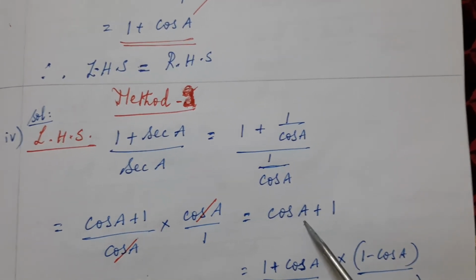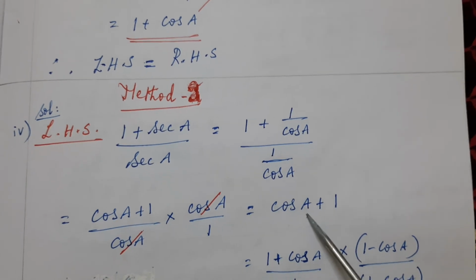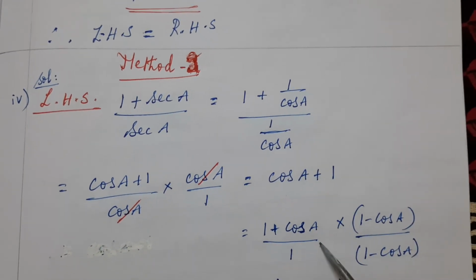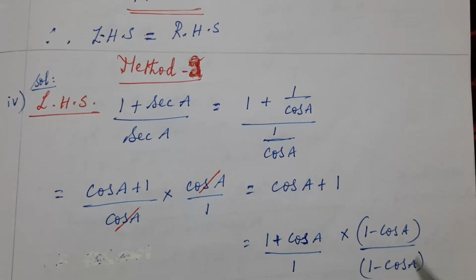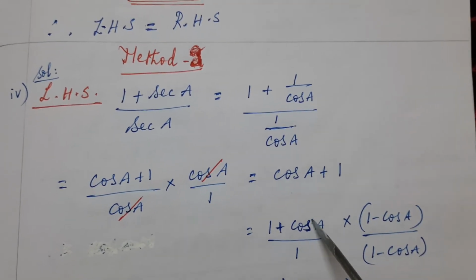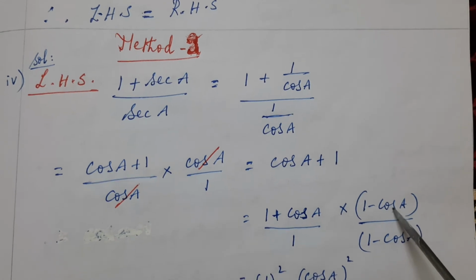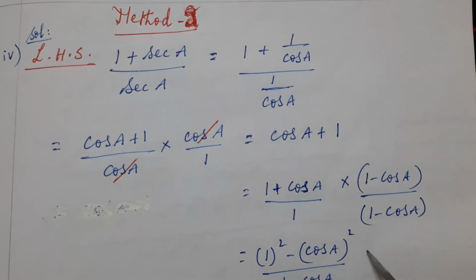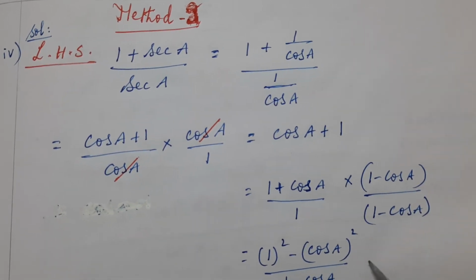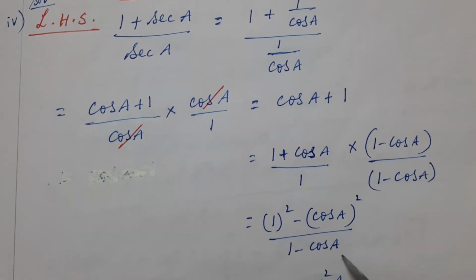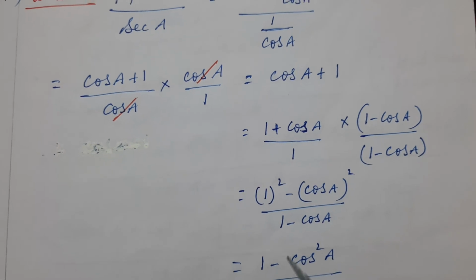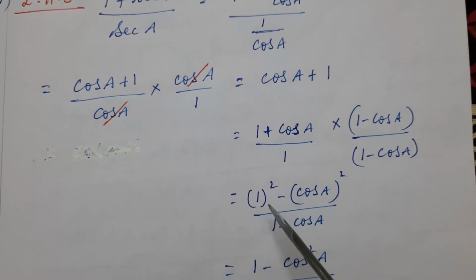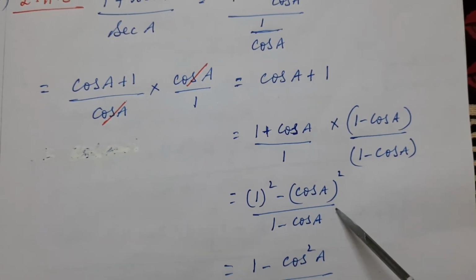But we have to prove to sin square A by 1 minus cos A. So what I am going to do is, I am taking 1 plus cos A and multiplying the numerator and denominator by 1 minus cos A. So this is A plus B, A minus B, so this is A square minus B square. That is 1 square minus cos A square by 1 minus cos A. Now this is A, this is B. So A square, 1 square minus cos A the whole square.